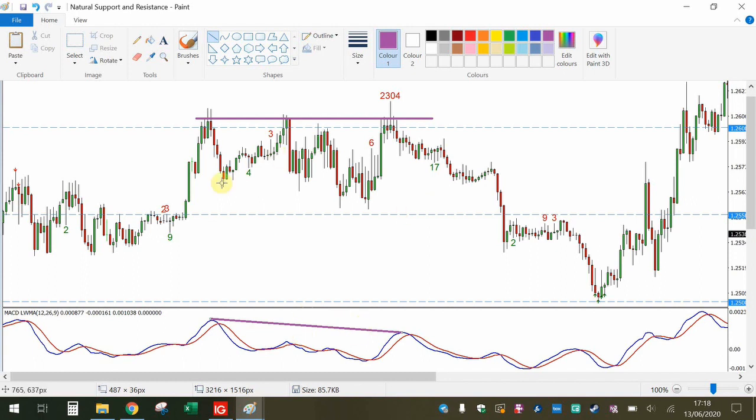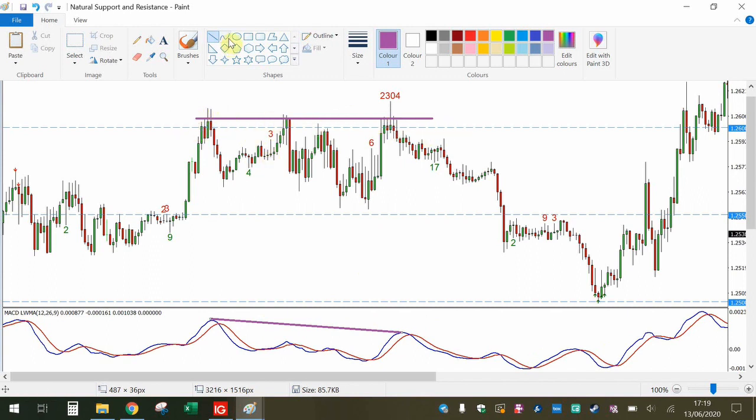So when you've got this situation over here, which like I said, it makes life a lot easier to see. You've got one thing here. In my view, you've got a potential reversal signal there with the MACD doing lower highs and not really making lower highs on price.